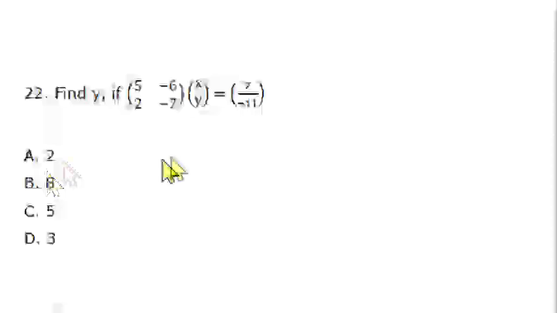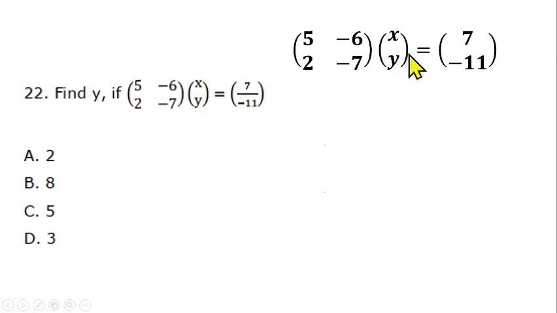Question number 22 is from matrices. If this multiplied by this equals this column matrix, so this 2 by 2 matrix multiplied by this column matrix equals this column matrix, we have to find the value of y. What do we do? We know that this 2 by 2 matrix can multiply this column matrix.